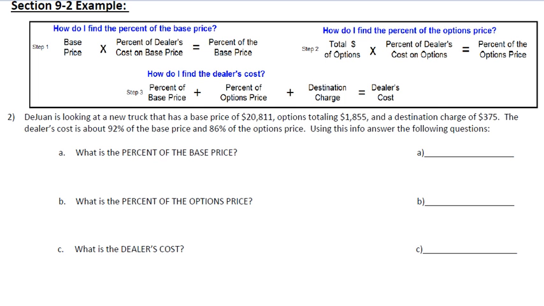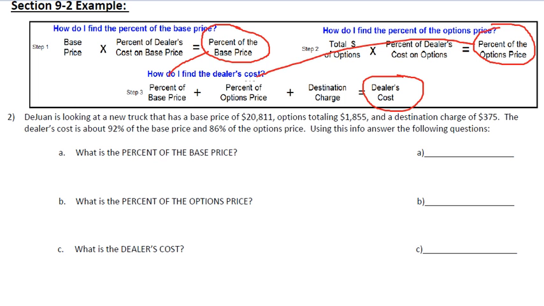So what we're going to try and calculate today is something known as the dealer's cost. In order to figure that out, we need to know the percent of the base price. We also need to know the percent of the options price, and then once again the destination charge. As you can see, this problem has 3 steps.